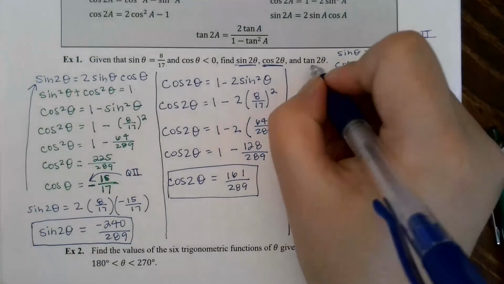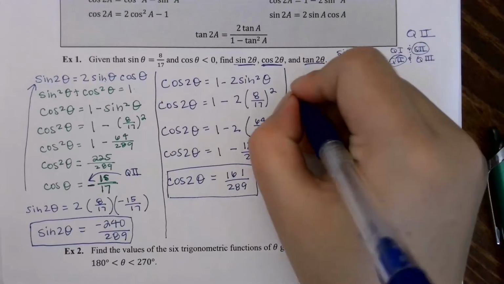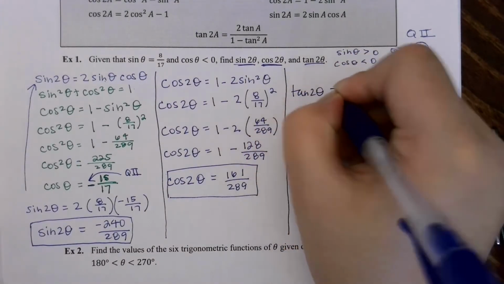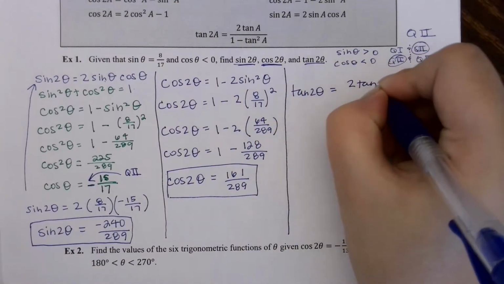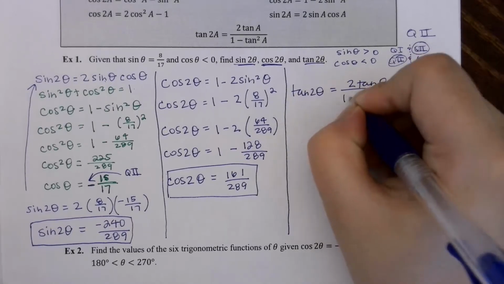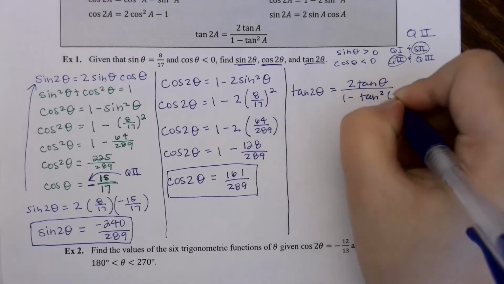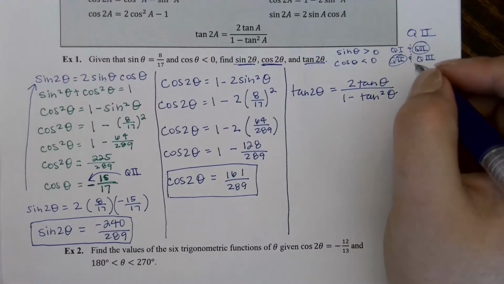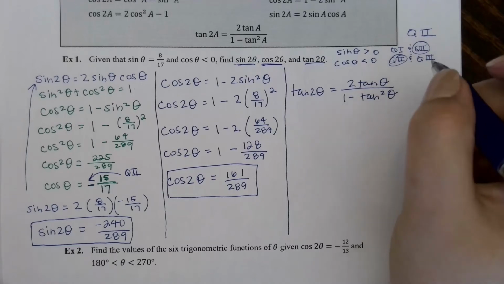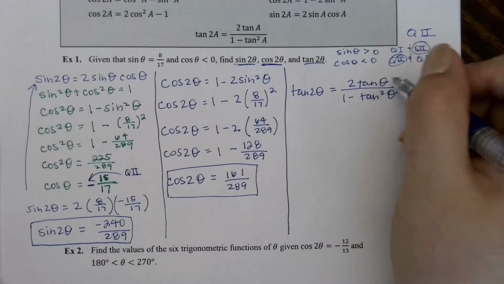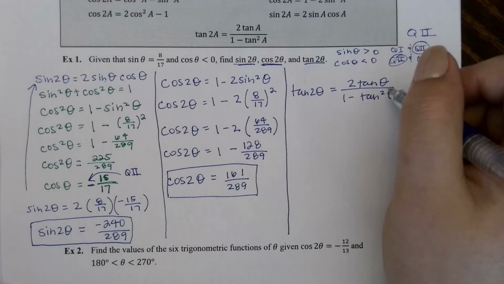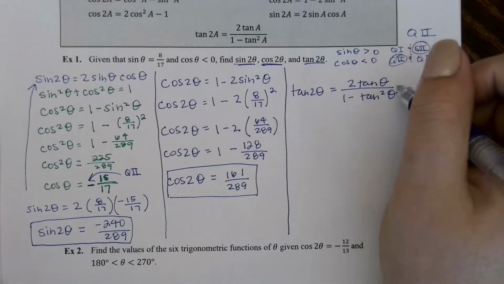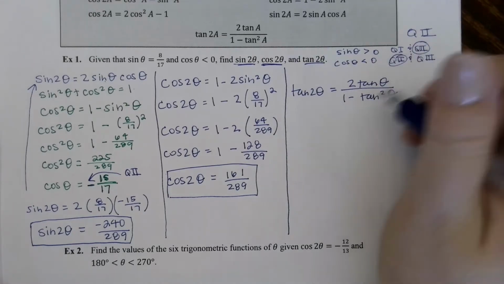Okay, and then for tan 2 theta, tan 2 theta is equal to 2 tan theta over 1 minus tan squared theta. We don't know what tan theta is yet. We'd have to plug in sine and cosine.